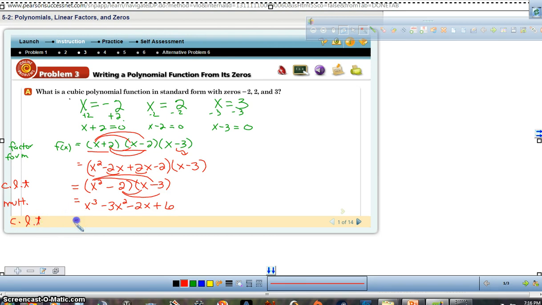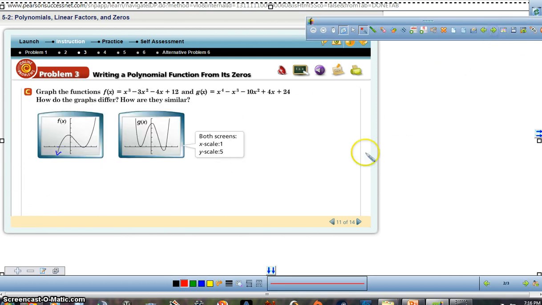Combine like terms if we have any, and we do not, because the exponents are all different. So here's my equation. I don't have any more like terms to combine. Is it a cubic function? Yeah, x cubed. Okay, so there's our equation.